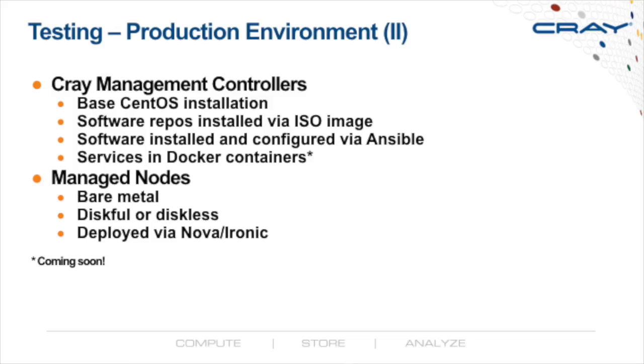We then have a set of Ansible plays to install and configure our software stack on top of the OS. We deploy the services in Docker containers, coming soon. At least some of them are coming soon. We've already implemented about half. We're working our way through them.